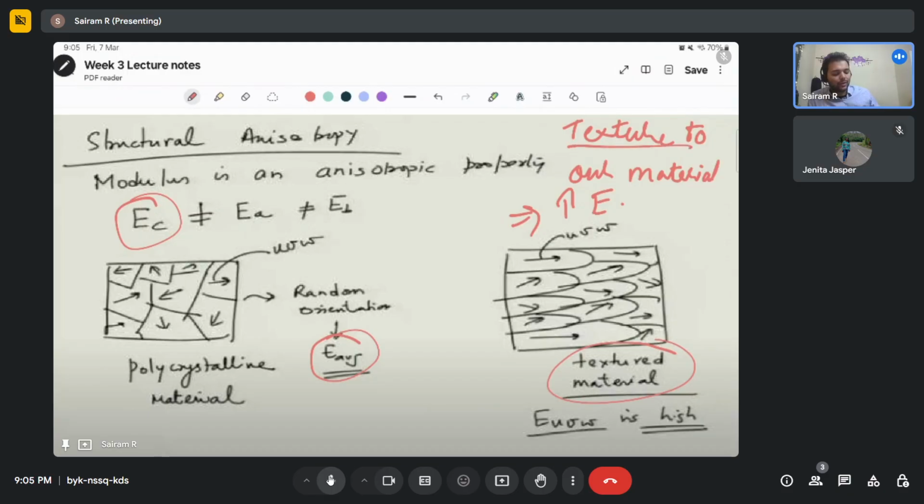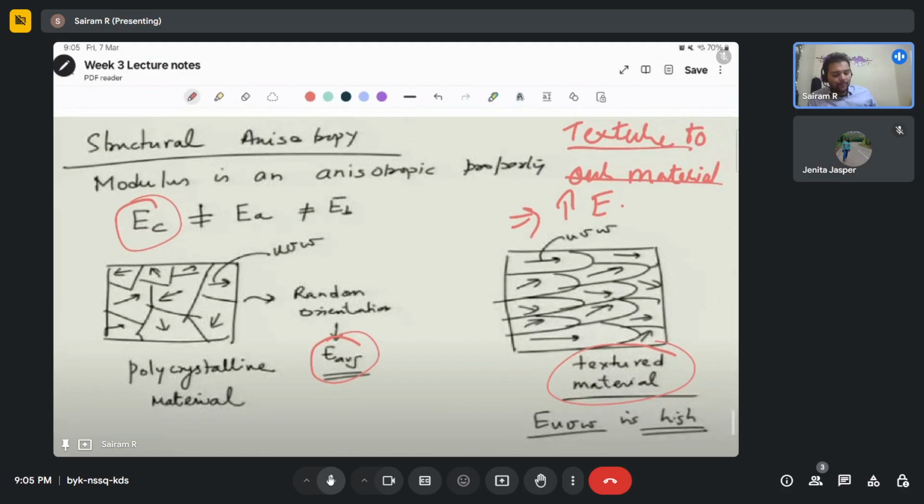So if we introduce texture to our material, rather than being an average, E could be cumulative. We can cumulatively add all these things, and it is definitely going to be higher than the average. So in this case, E UVW can be greater than E average. That is the good thing about textured materials.